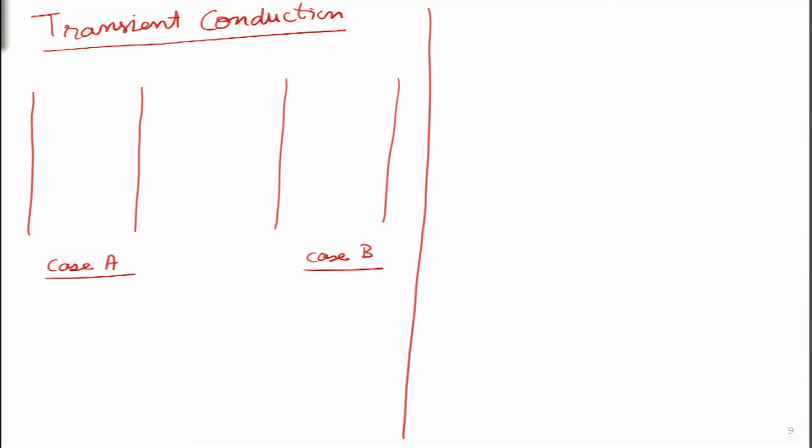Both are walls which were initially throughout at 20 degrees over here. So, the left side temperature is 20 degrees on wall A, the right side temperature is also 20 degrees, and then the same thing is happening in wall B, but there is one fundamental difference between these two cases, and we will look into that.